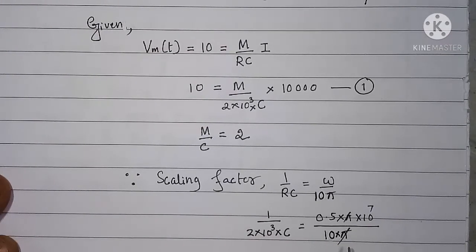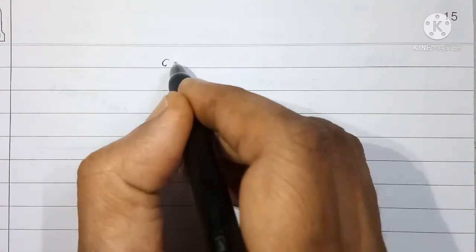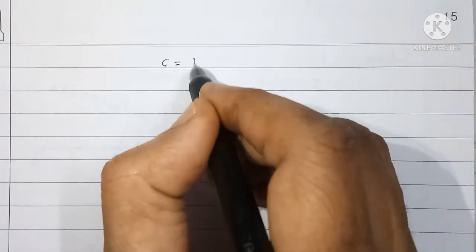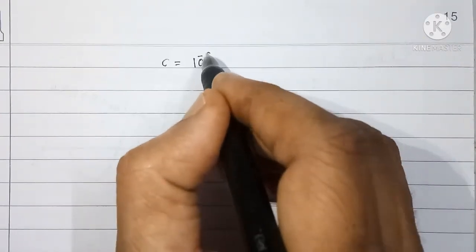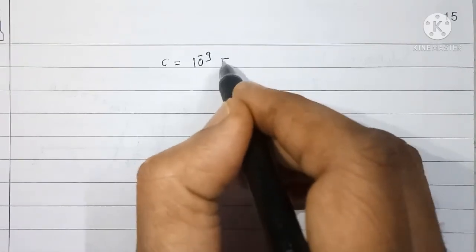Here pi and pi may be cancelled, and now we can obtain the value of C by further simplification. The C value becomes 10 raised to minus 9 farad.